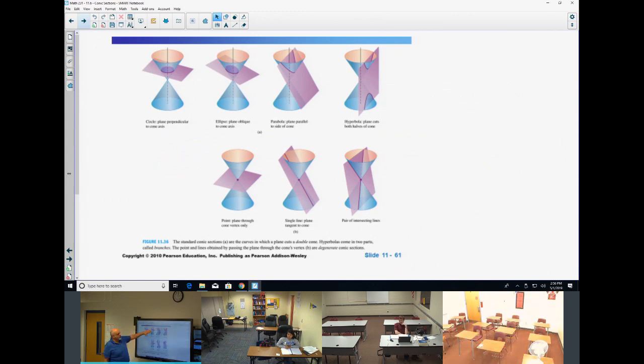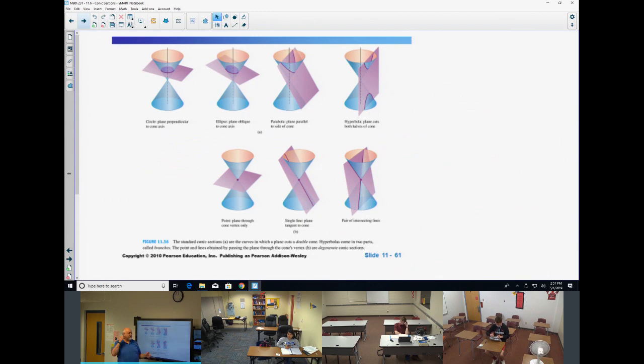If the plane is tilted at a little bit of an angle, then that's going to form an ellipse. If the plane intersects through the base of one of the cones, it forms a parabola. If it goes through both bases, then it's a hyperbola. And so, hey, Tobias, good to see you. So these are normally what we call the conic sections.